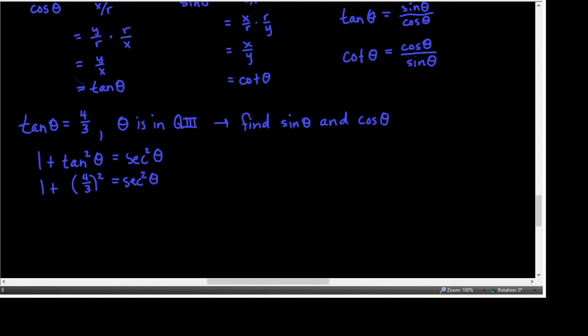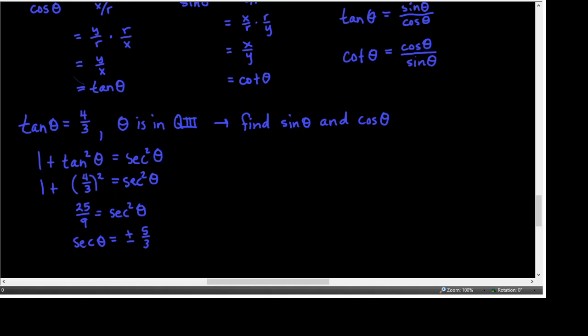The square of 4/3 is 16/9, plus 9/9 is 25/9. And taking the square root of both sides, secant of theta is plus or minus the square root of 25/9, which is 5/3.